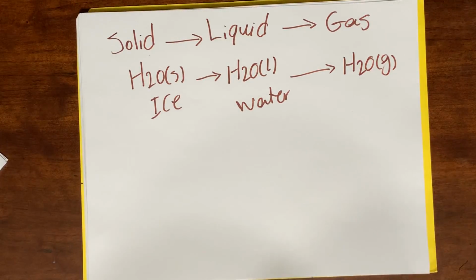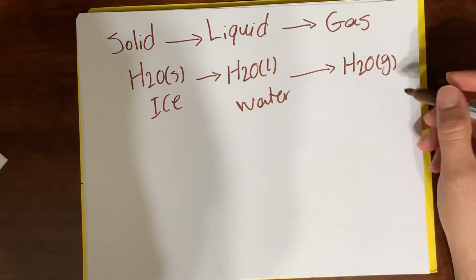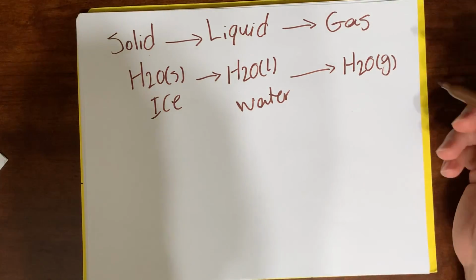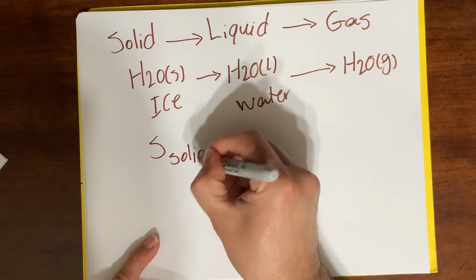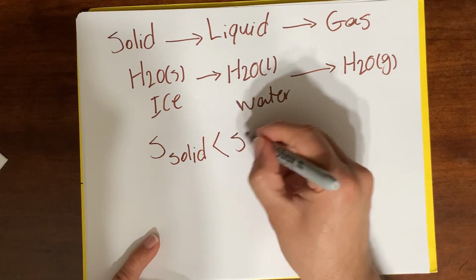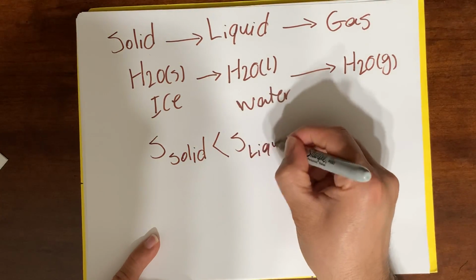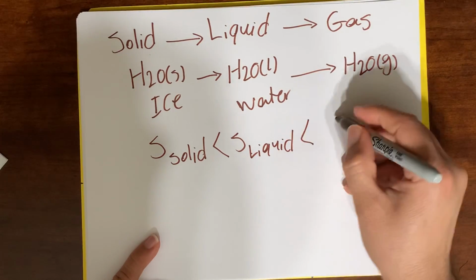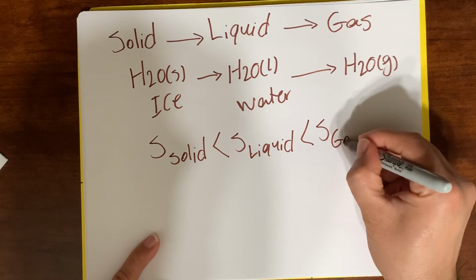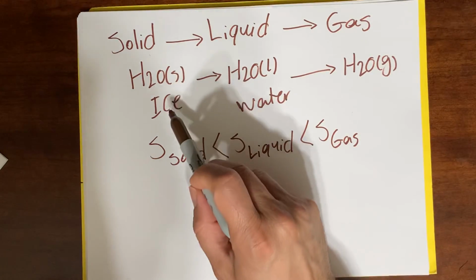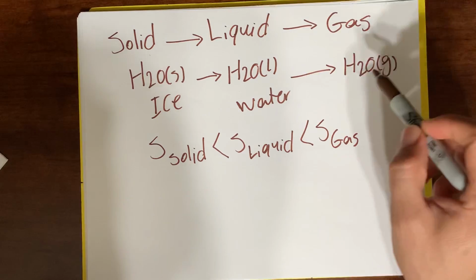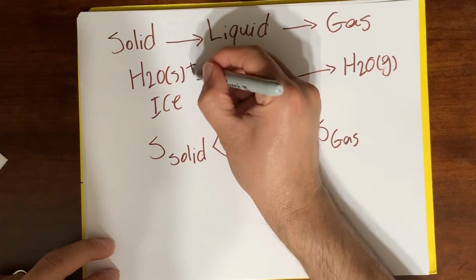Still, in this case, I will say the entropy increases. Entropy of the solid is less than entropy of liquid, which is less than entropy of gas. Because in order to move from solid to gas, we need to add heat.